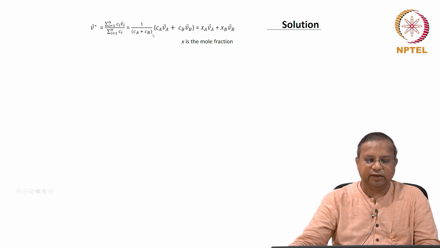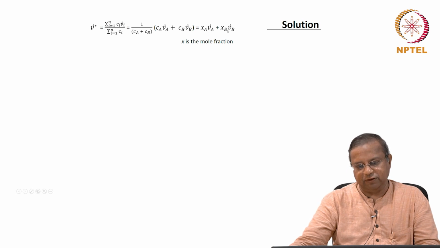The 1 by Ca plus Cb takes care of this term, Ca Va plus Cb Vb. And you know that the ratio of the concentration of a species with respect to the total concentration is nothing but the mole fraction. Therefore, Ca by Ca plus Cb is Xa, Cb by Ca plus Cb is Xb, we get Xa Va plus Xb Vb. X is the mole fraction.